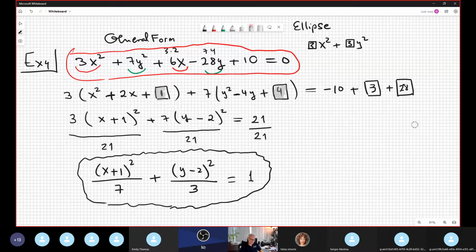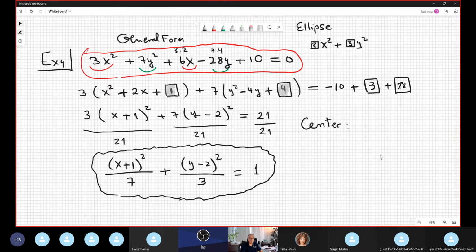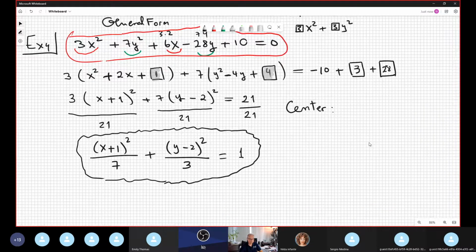Okay, now, I need to identify the center. Who can help me with the center, please? Look at this standard form. The center of this ellipse is located at the point... at the point.